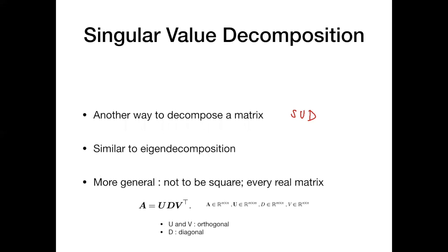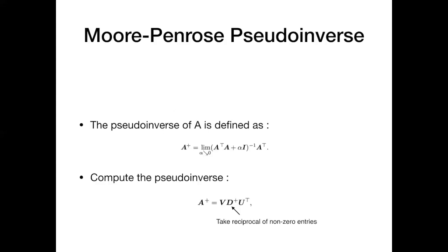And we can just use the SVD factors of the matrix A to get the pseudo inverse. This pseudo inverse is also called the Moore-Penrose pseudo inverse. You know that there are many different definitions of pseudo inverse, and the Moore-Penrose is just the most typical and widely used one.